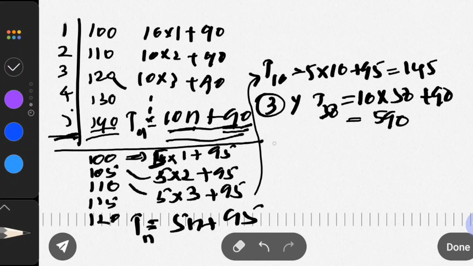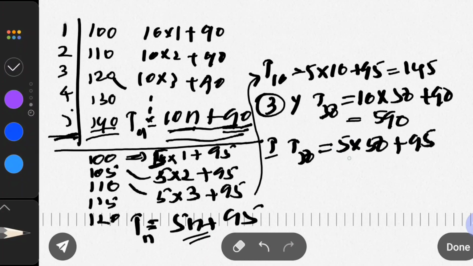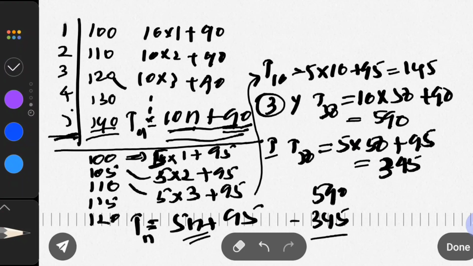And Indunil, this is her term: 5 times 50 plus 95. 5 times 50 is 250, and 250 plus 95 is 345.